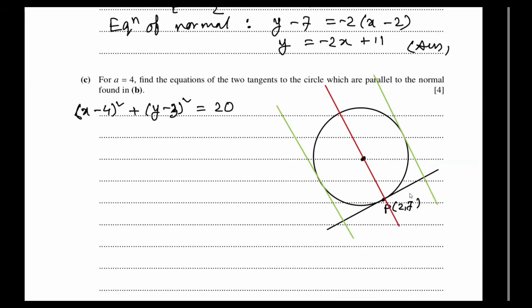So let's say this is the center, the coordinate is (4, 3). P is somewhere on the left hand side. I think P should be here.